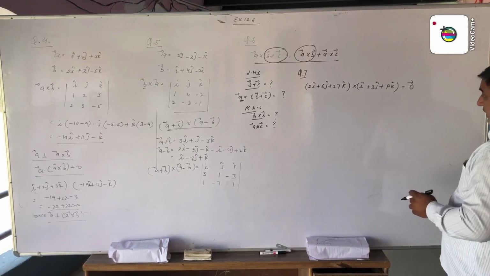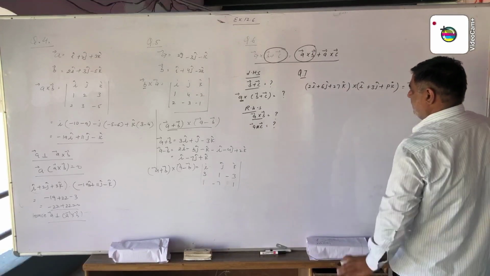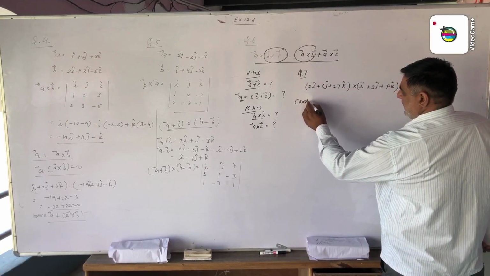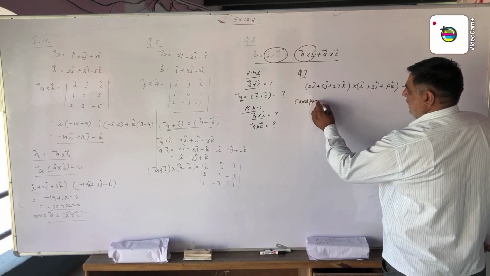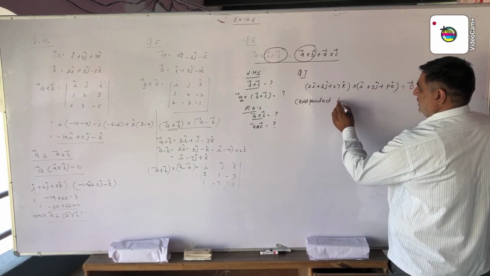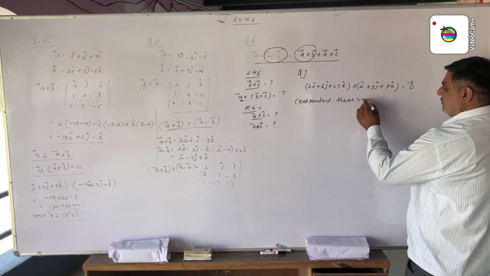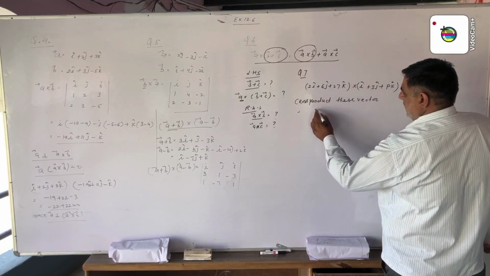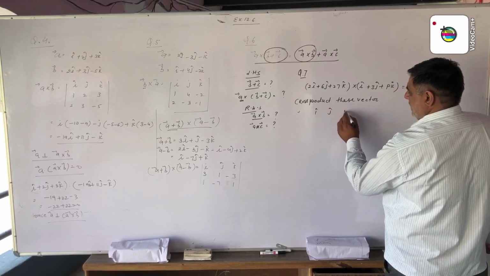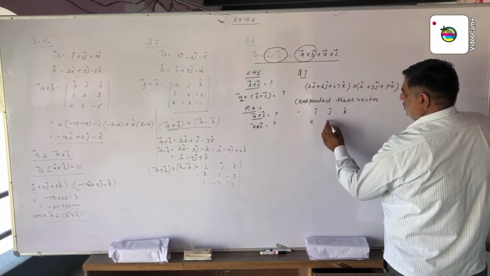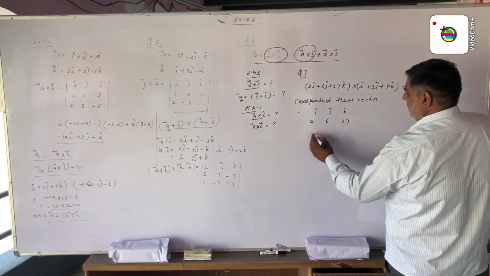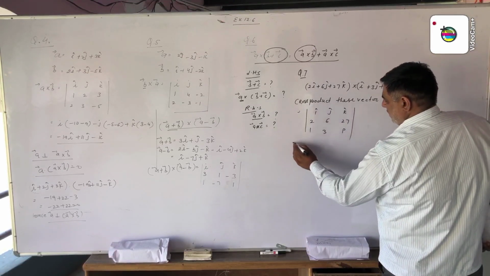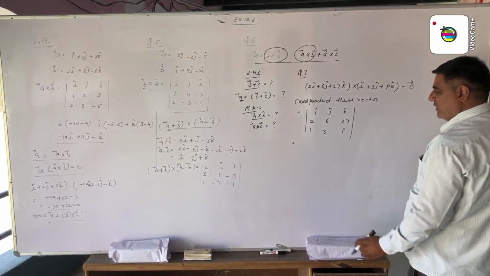In this we find the cross product of these vectors. This equals the determinant with I, J, K, 2, 6, 27, 1, 3, P.